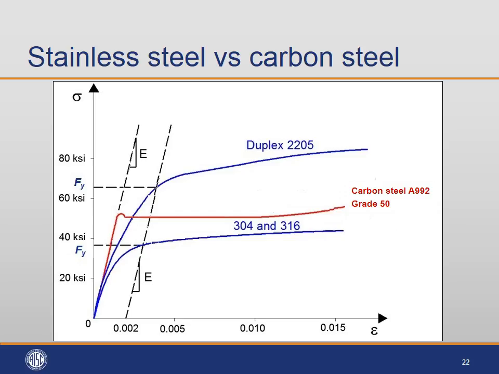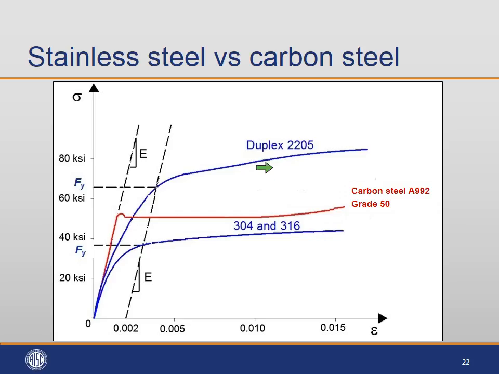On this graph, I am comparing the stress-strain characteristics of two families of stainless steel. So this lower graph, which I've marked 304 and 316, is a typical graph that you would expect for the austenitic family of stainless steels.